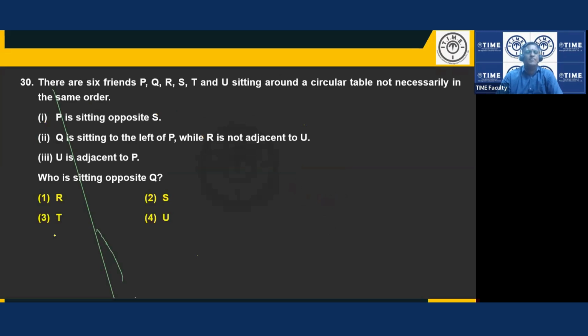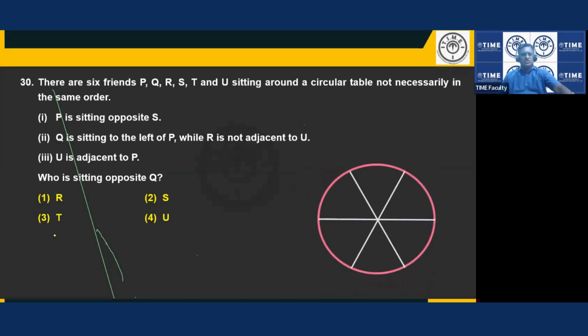Next. There are 6 friends P, Q, R, S, T and U sitting around a circular table, not necessarily in the same order. Now I will give just 30 seconds to you students, please. Will anybody answer so fast, please? I am waiting for your answer. Please be fast.